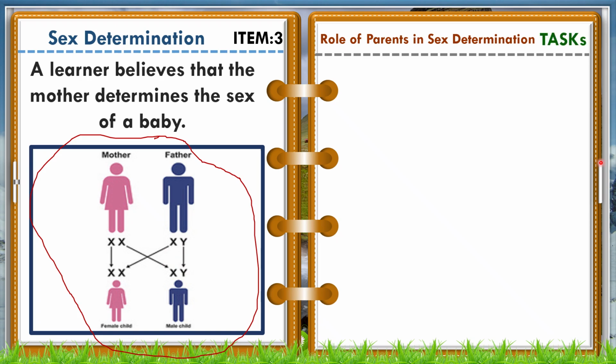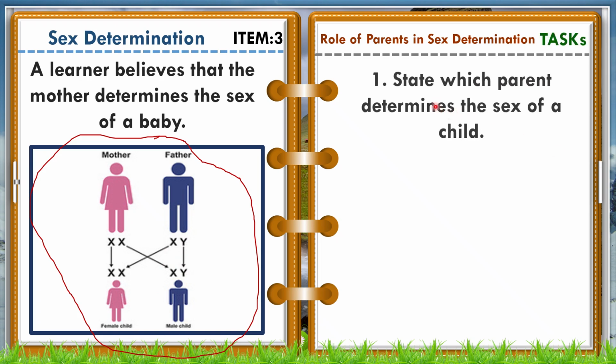Task. State which parent determines the sex of a child.